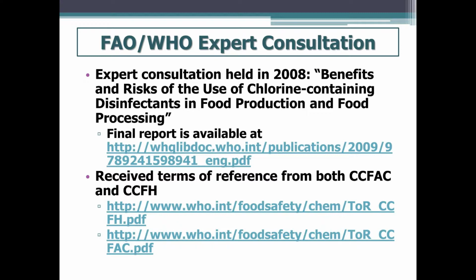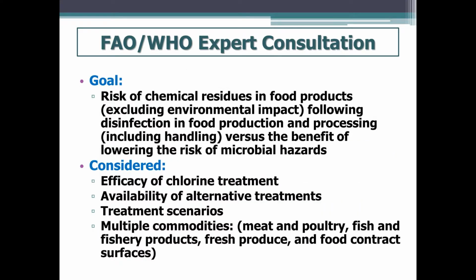And this was the goal of it, to determine whether or not the risk of chemical residues in food products had a greater impact or a more important impact than the benefits that were achieved in relation to lowering microbial hazards. And they did a nice job of considering the full range. They looked at the efficacy of the chlorine treatments, the availability of alternative treatments, the treatment scenarios that are currently being used, and they looked at a variety of different commodities.